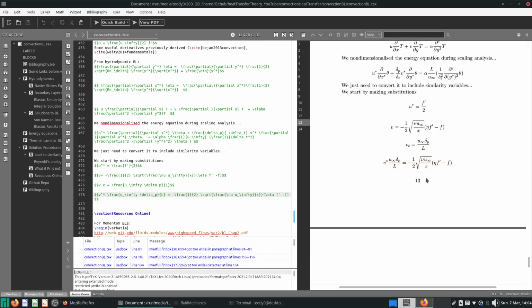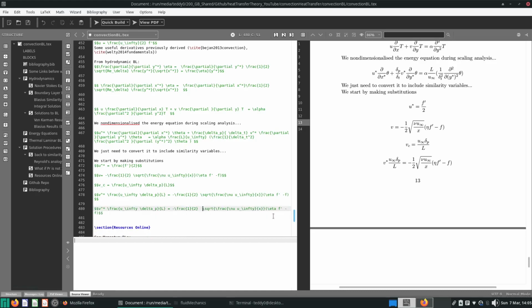So now we'll just shift some of these variables over. So for example, delta P over L, I will shift it over, so it will become L over delta P. Next thing to shift over is U infinity. So this one will come to the bottom, and then we'll just divide throughout. We should be able to get some sort of Reynolds numbers there.